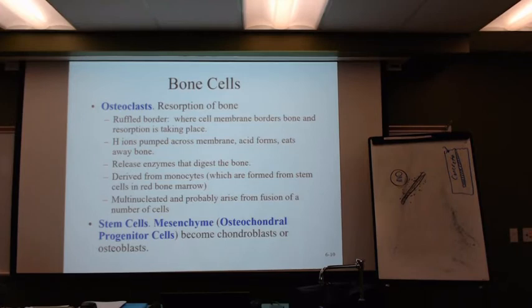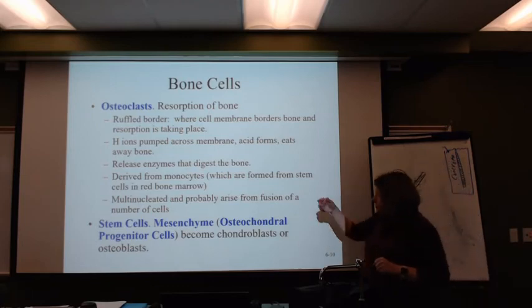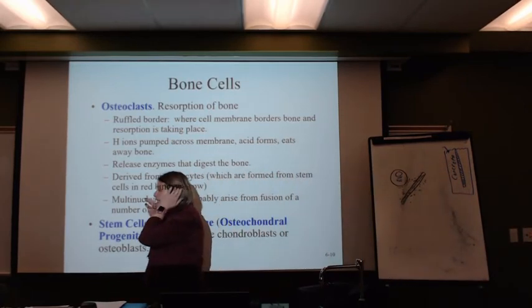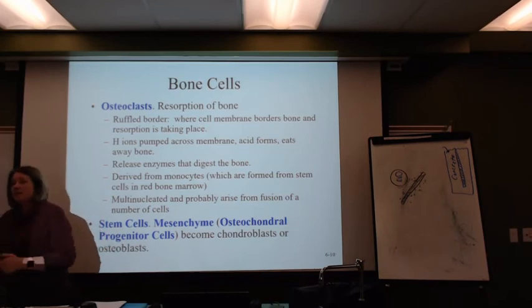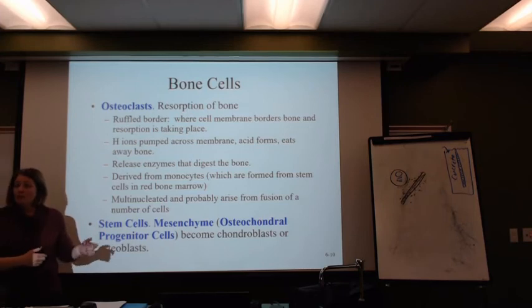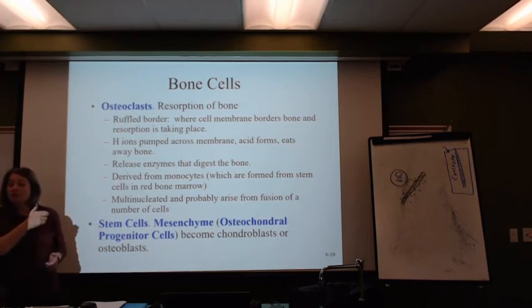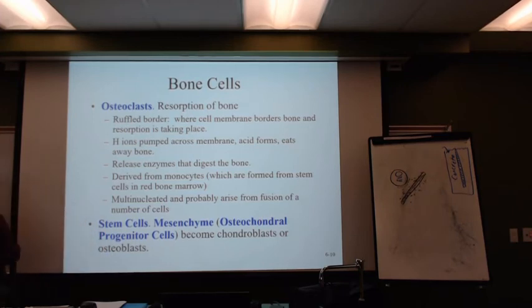And if we are looking at that cell breaking it down, it will hopefully eventually build back up when calcium levels are back to normal.